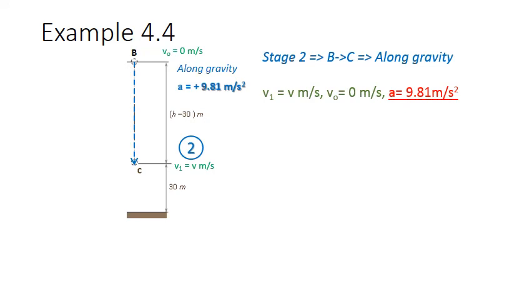But from part A, we know that the total displacement from point A to B is 183.49 meters.